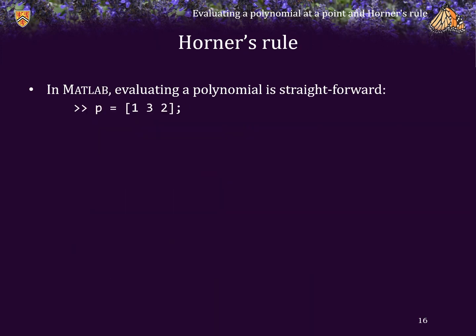Now, you'd never really implement Horner's rule in Matlab because Matlab is interpreted. So no matter what type of loop you implement, it's going to be painfully slow. Instead, here we've assigned p, the polynomial x squared plus 3x plus 2. The polyval, polynomial evaluation, takes a polynomial as a first argument and an x value as a second argument and evaluates that polynomial at that point.